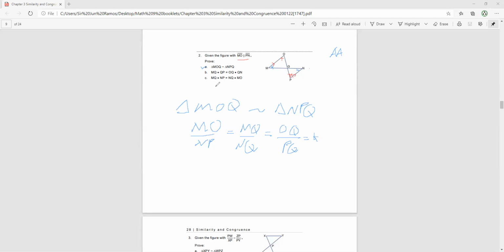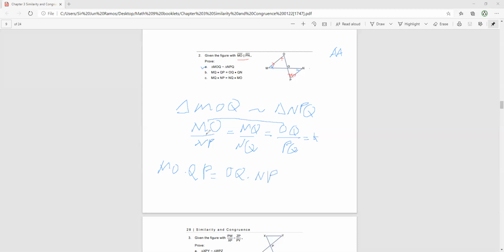MO times QP will be this pair here, this one and this one. I can now have MO times PQ equals OQ times NP.